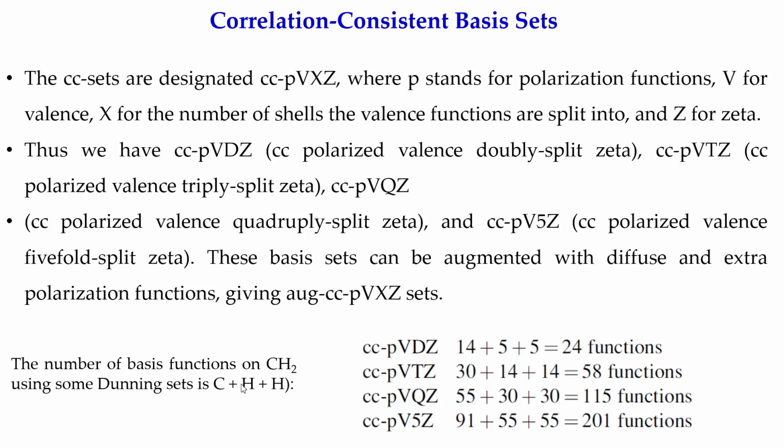For the polarized double zeta, the hydrogen atom will have a total of 5 basis functions, meaning that the valence shell will be split in two. As double zeta means two orbitals, for the 1s orbital of hydrogen you have to add two basis functions. And if you incorporate the polarization functions, then you have to add the 3p functions.